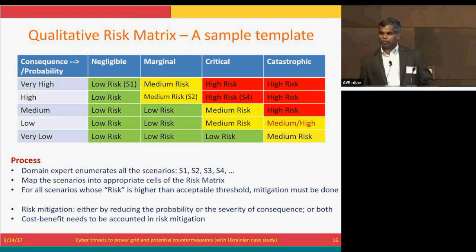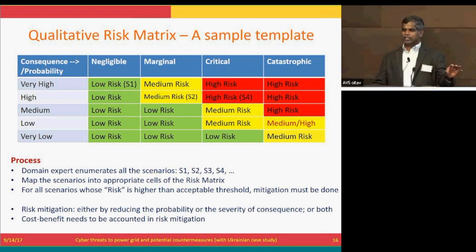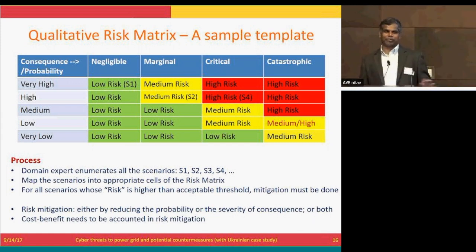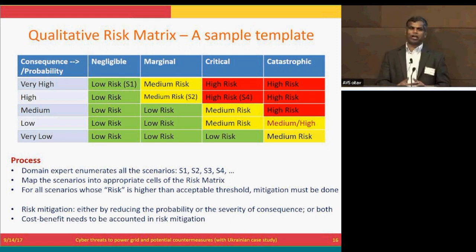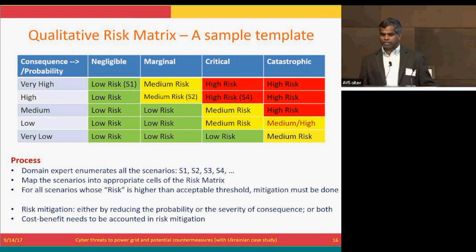But the problem is that if you give the same topology to two different experts, they will come up with two different results. It is quite subjective. So some kind of correlation among different experts has to come, and there has to be some kind of convergence and consensus to arrive at the final risk matrix in a qualitative sense, and decide which of them we are going to mitigate.